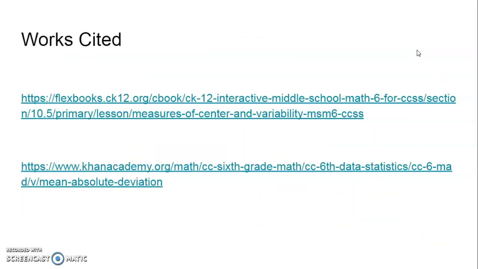I want to share with you just a couple of works cited here. These are places where I took the information. So this information did come from your Ready book, but I decided to use a couple of other sources instead. So this first one is the CK12. If you're ever looking for any explanations of mathematics online, CK12 is awesome.